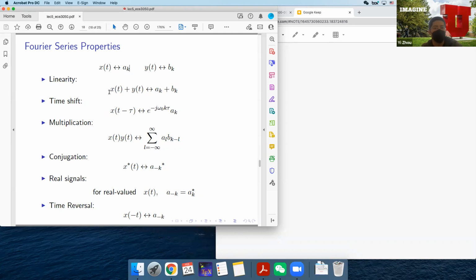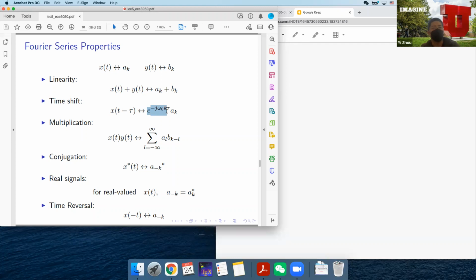The first one is linearity, which is very intuitive. Now the second one is a time shifting property, which says that if the signal is shifted in time, then the corresponding spectrum a_k will be modulated by a complex exponential.